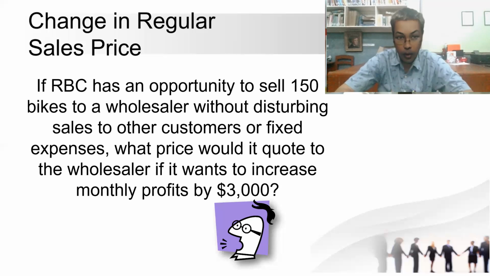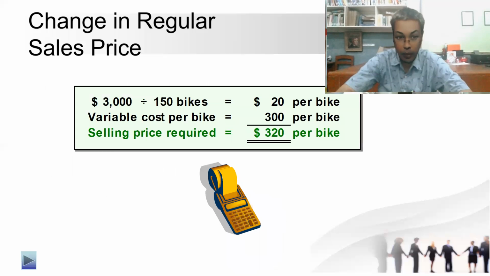Okay, so change in regular sales price, 3,000 divided by 150. That is my explanation. $20 per bike. So for 150 bikes, we need to have an additional income of 3,000.